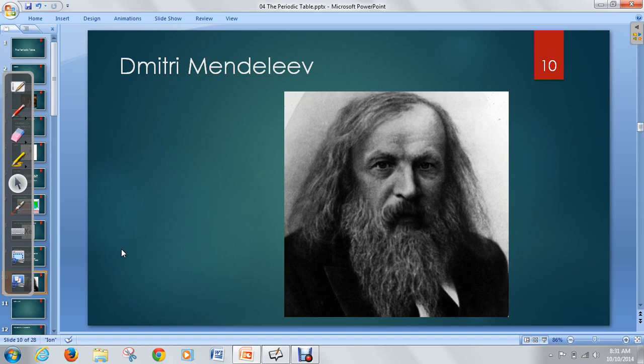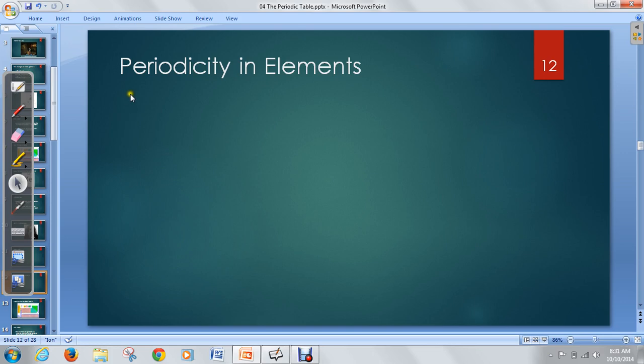But he still is at St. Petersburg University, and this ends up leading to his discoveries in chemistry. The main thing is that Dmitry Mendeleev discovered what's known as the periodicity in elements. Basically, he realized there were patterns you could follow between the elements, that these elements had repeating characteristics.